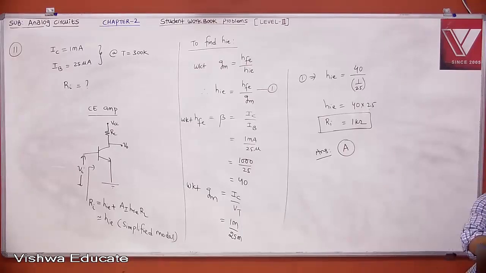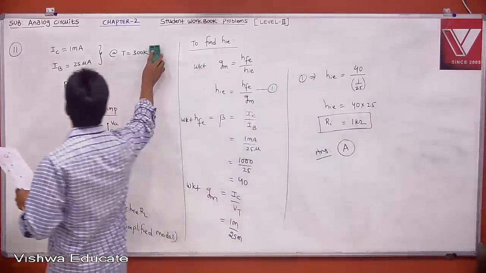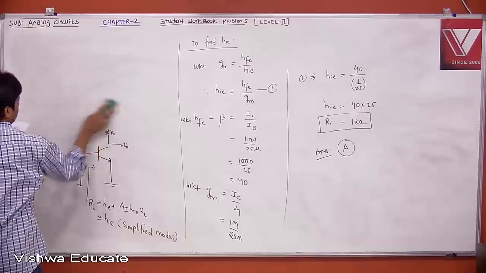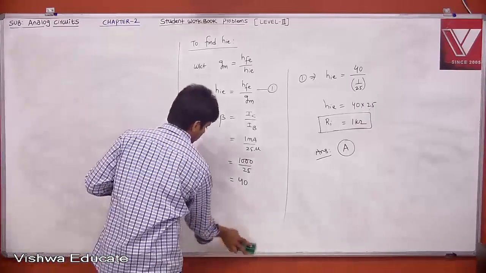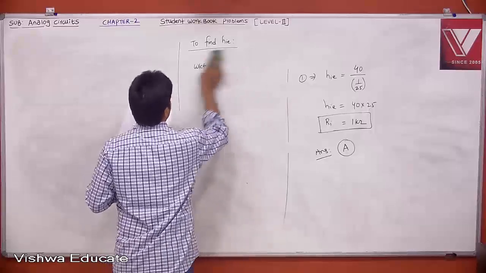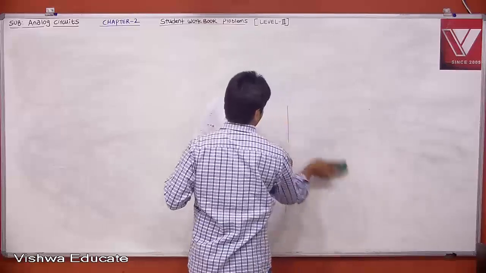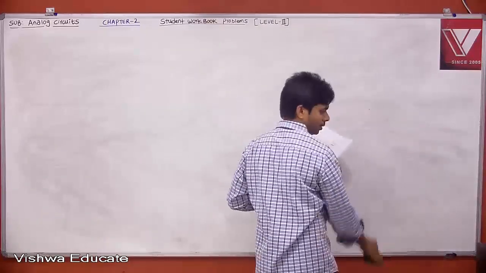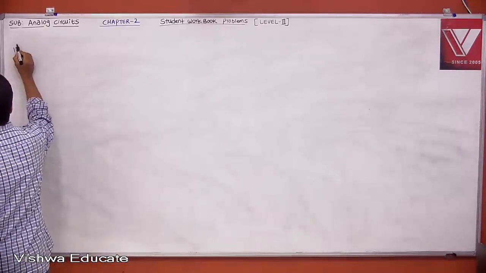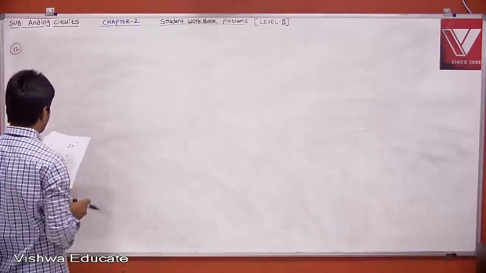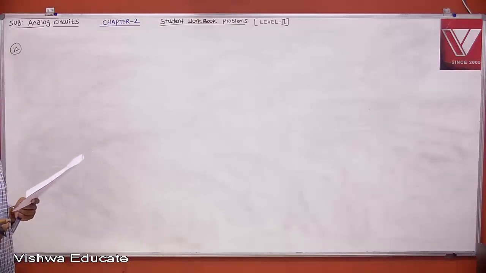Done? Write down problem number 12. A BJT is said to be operating in the saturation region if, actually it is straightforward.